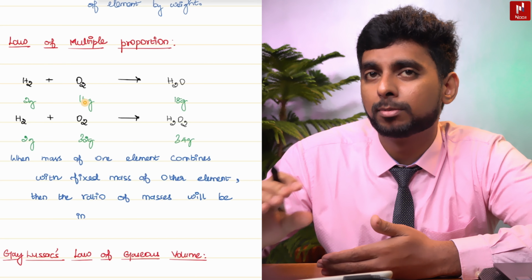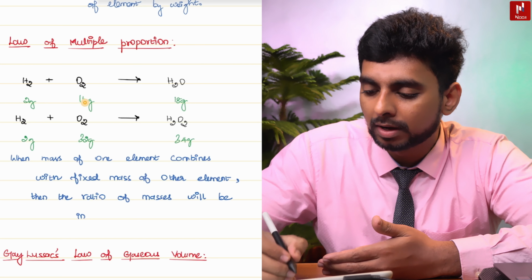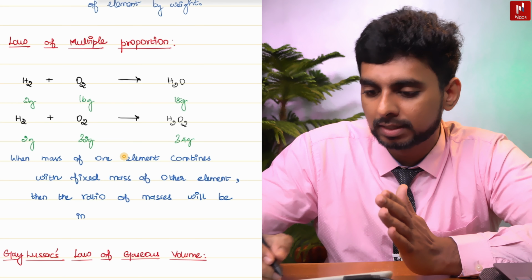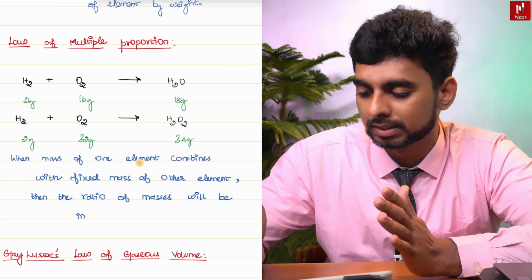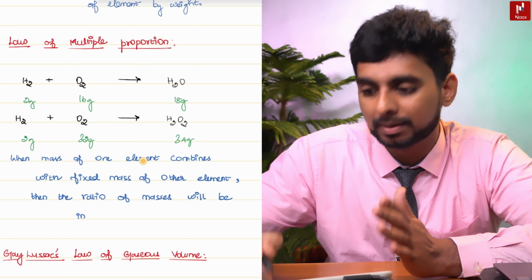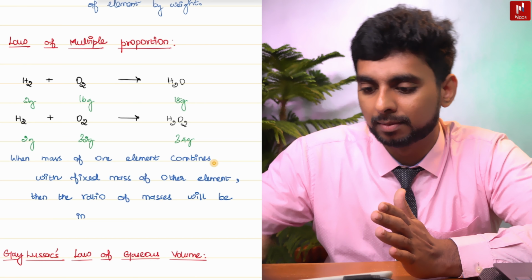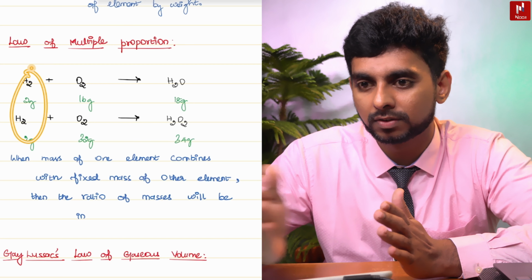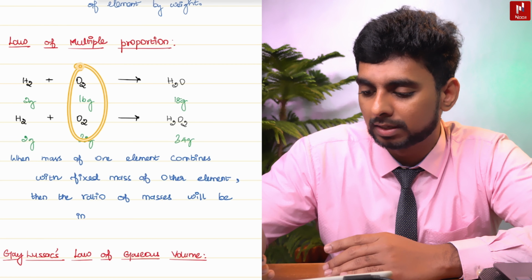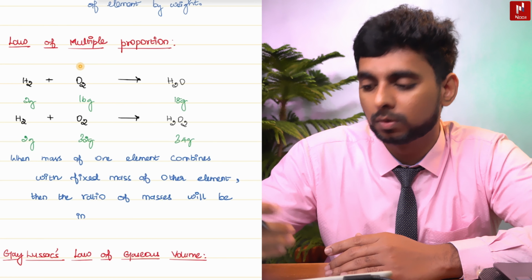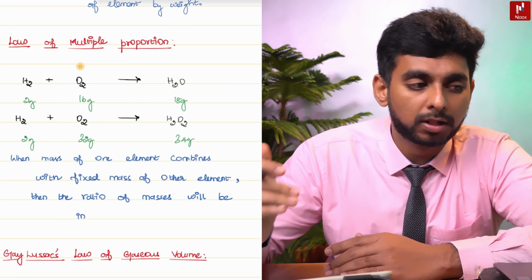So law of multiple proportion means that when one mass is fixed, which means one of the reactants is constant, when the mass of one element combines with the fixed mass of the other element, which is this hydrogen, the ratio of the masses of the one that is not fixed will be in the ratio of simple whole numbers.